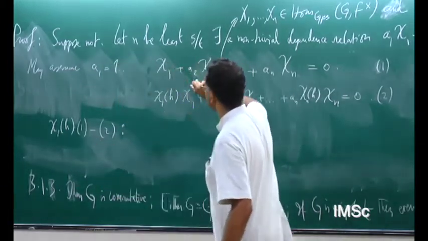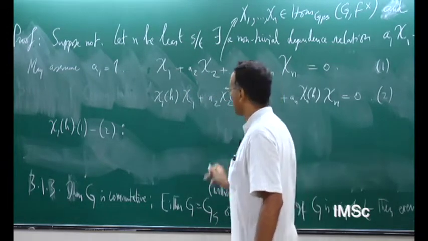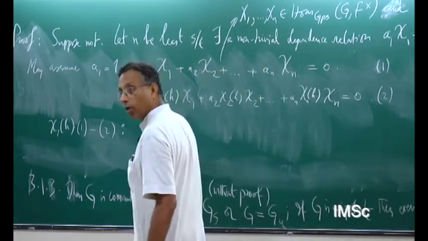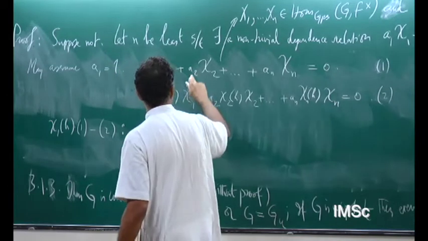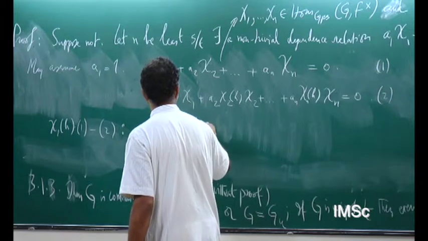So multiply the first equation by chi1h and then subtract the second. What do I get? Here I get 0.